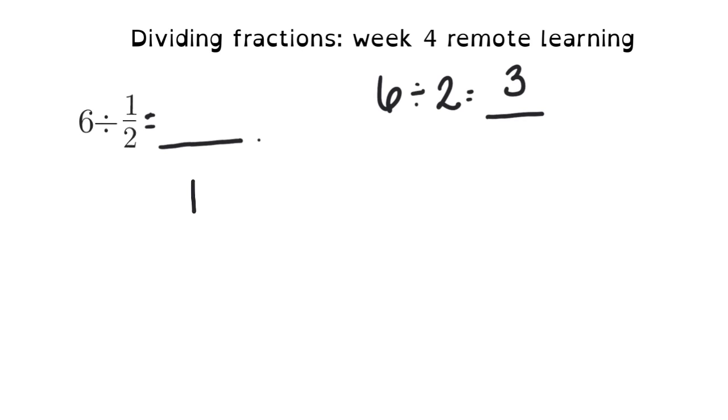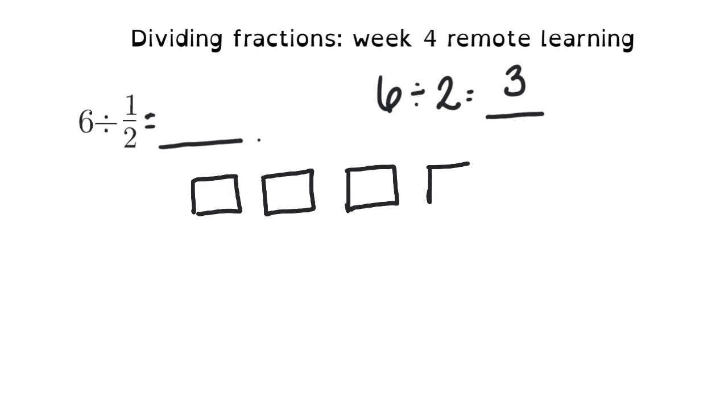So let's draw that out so that can help us. So she has 6 cups of flour, right? So I'm going to draw those 6 different little cups of flour. I have 5, I have 6. Okay, so now I have 6 cups of flour and she needs 2 cups to make 1 cake.